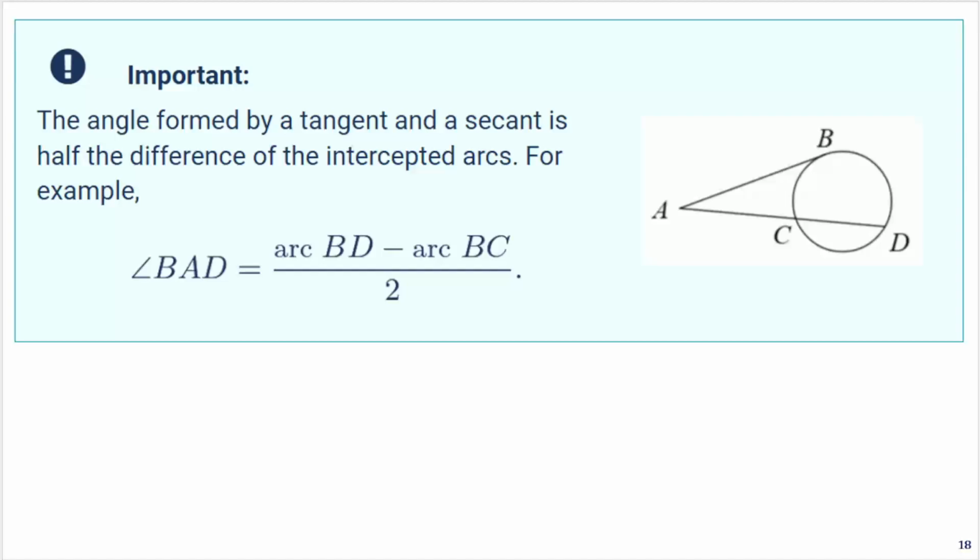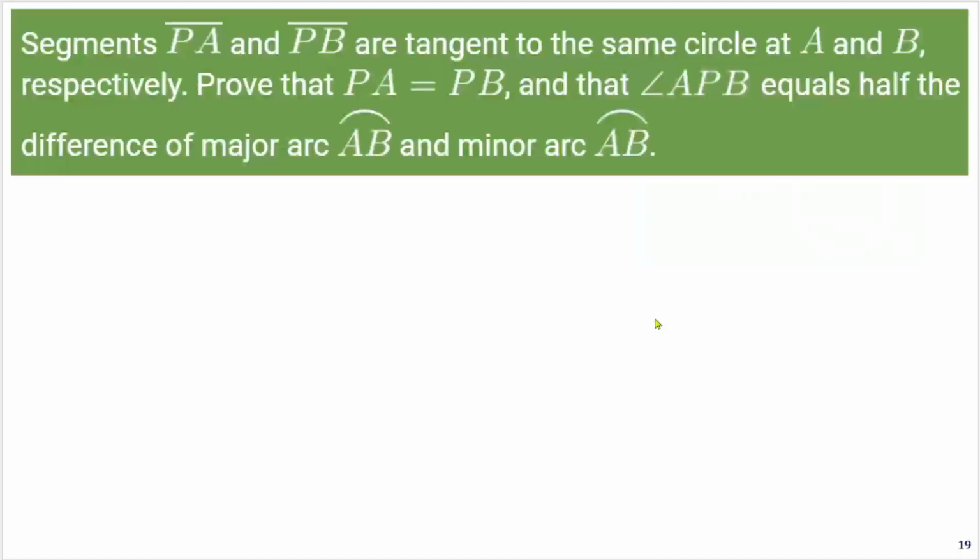Okay, then let's consider another question. Segments PA and PB are tangent to the same circle at A and B, respectively. Can you prove that PA equals PB and that angle APB equals half of the difference of major arc AB and minor arc AB? Okay, again, let's draw a circle here. We have PA, so P is here.